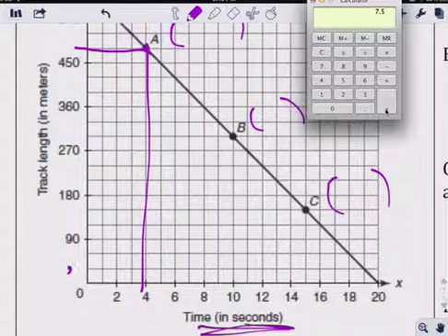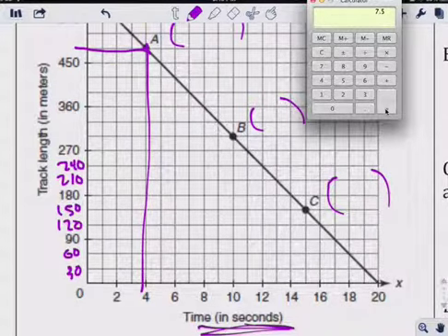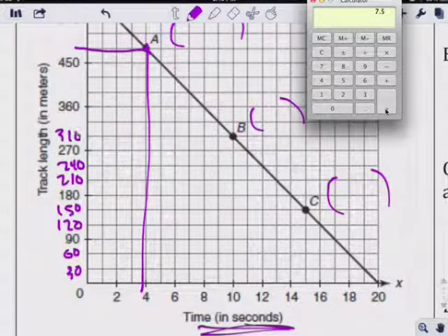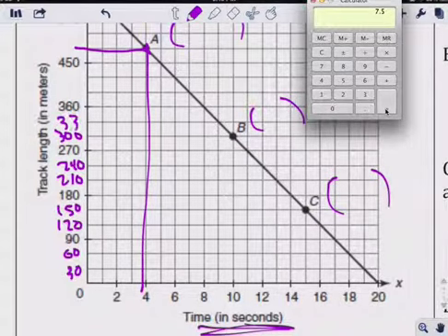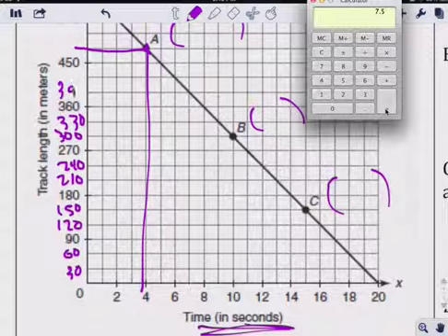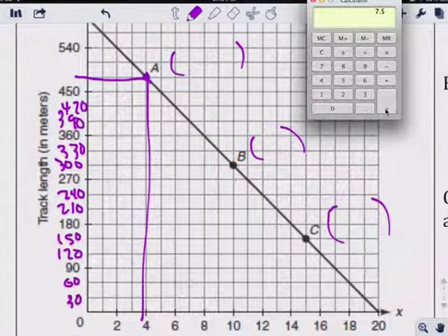Each of them is 30. 30, 60, 90, 120, 150, 180, 210, 240, 270, 300, 330, 360, 390, 420, 450, 480.